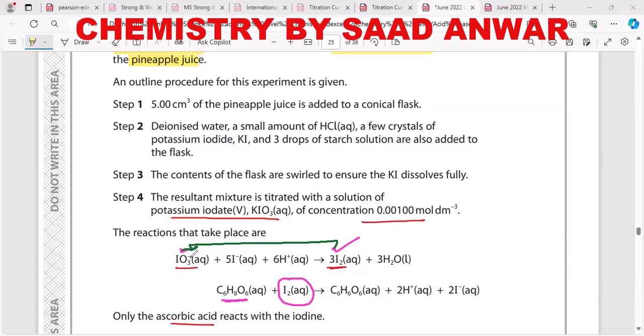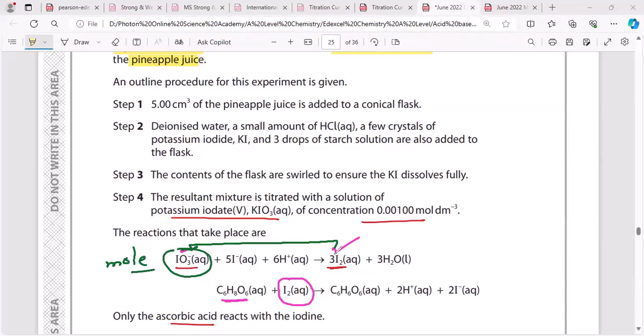If somehow I can find the moles of this iodate ion, then by comparison, I will get the moles of iodine. Once I have the moles of iodine, then by comparison of molar ratio, I can find the moles of this acid.